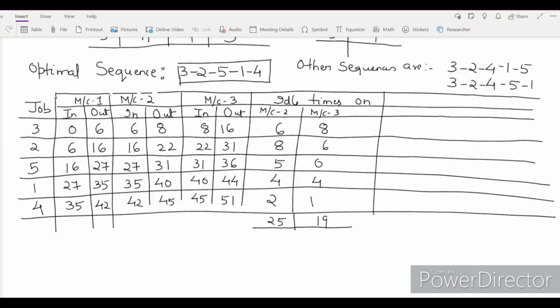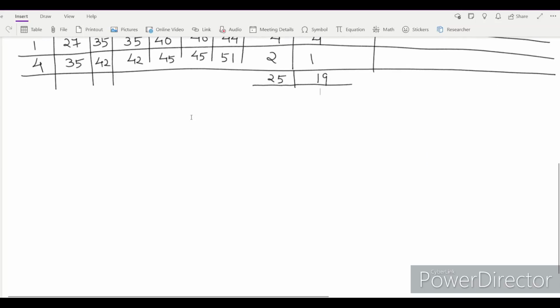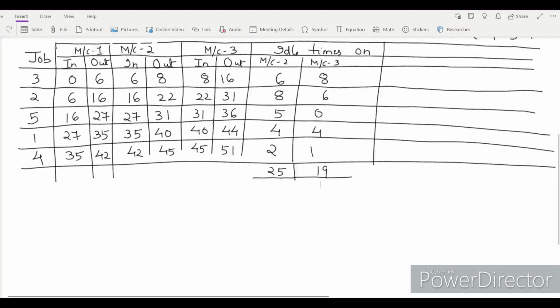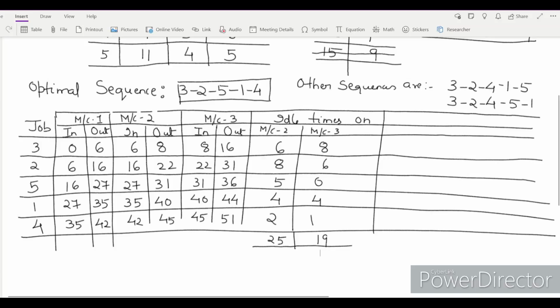Okay, fine. Now the same thing you do for the other two sequences, 3 2 4 1 5. Which one is 19? This is your 19. Have you calculated the idle time for the other two sequences? Anybody?